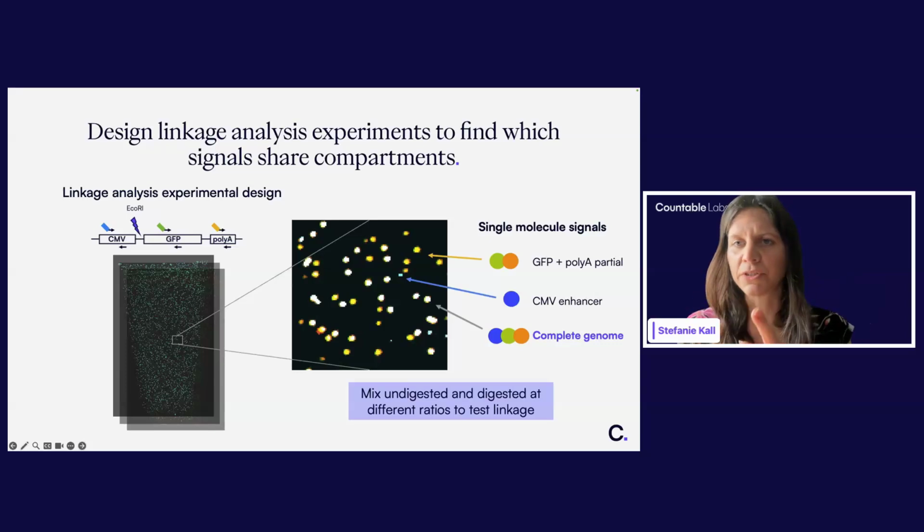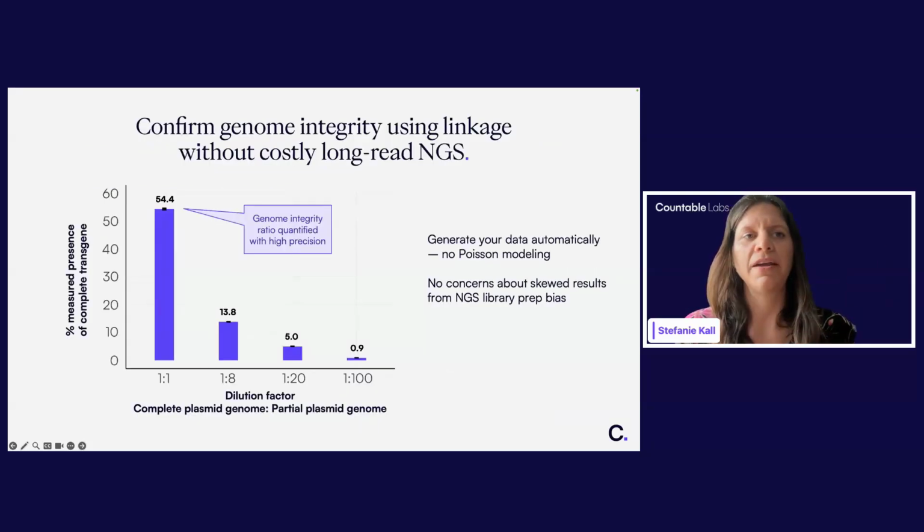And so again, we mix those in different ratios, and what we found is we get the genome integrity ratio quantified with really high precision. You can see the dilution factor, that's complete genome over the amount of partial genome added. And it reflects really well what the expected values would have been.